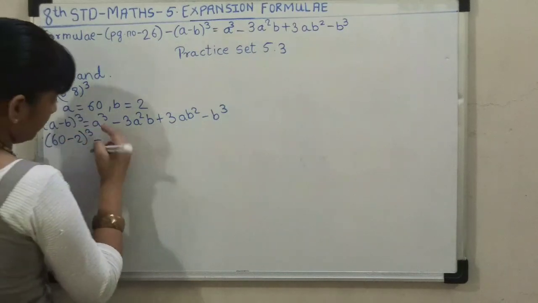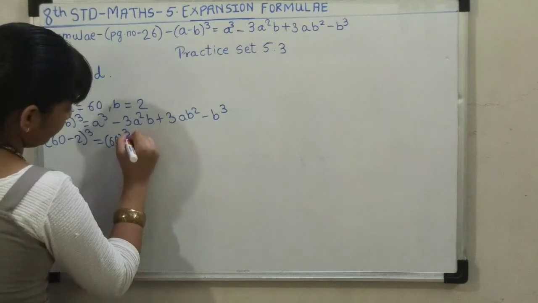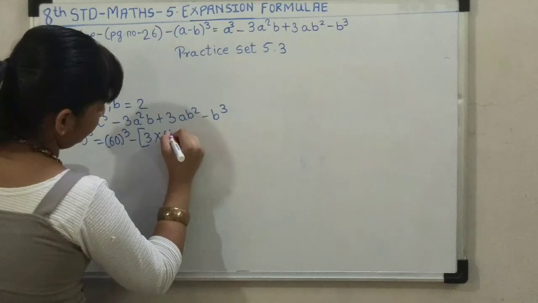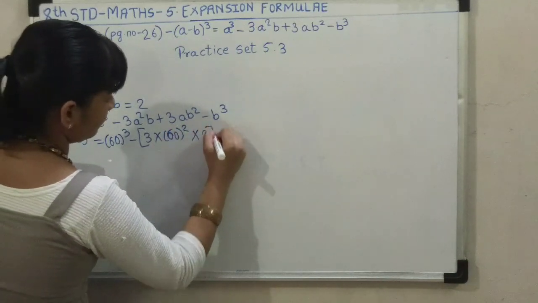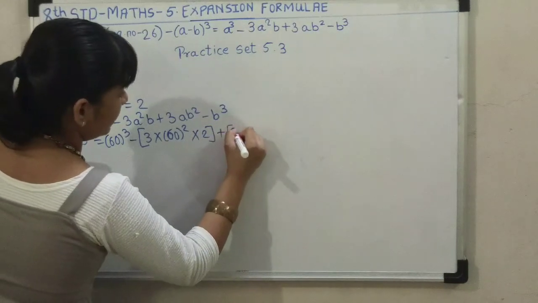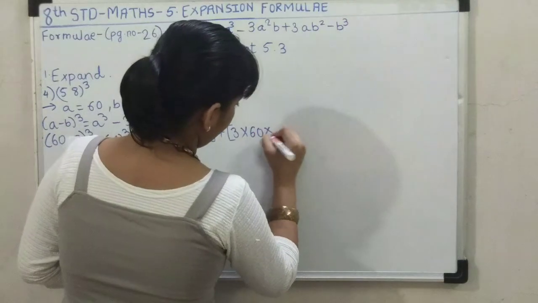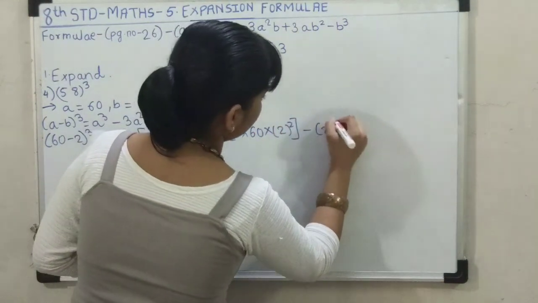(60 minus 2) bracket cube is equal to a's cube, that is 60's cube, minus 3 into 60's square into 2 plus 3 into 60 into 2 square minus 2's cube.